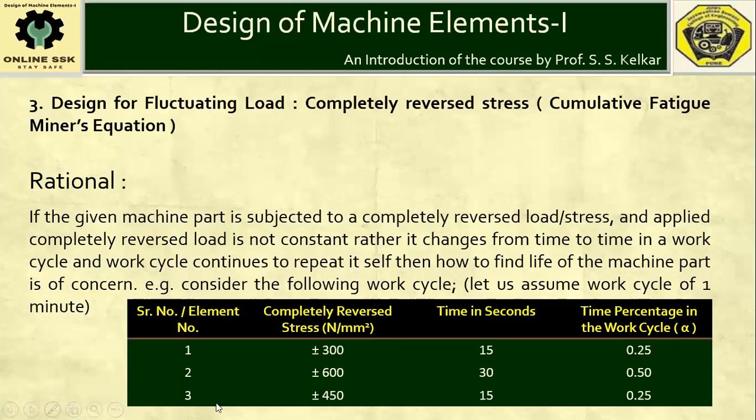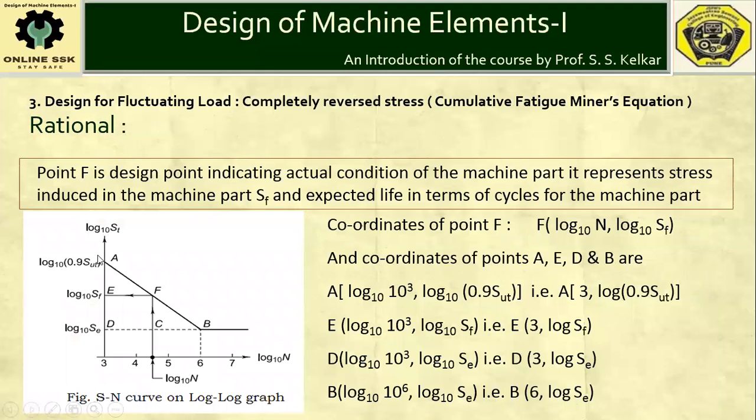For example, I have assumed some vague data here, and using this data, I will explain how to find out the life of a machine part if the applied load and hence induced stress is varying in a cyclic fashion using Miner's equation. Now, all these things we have already gone through.